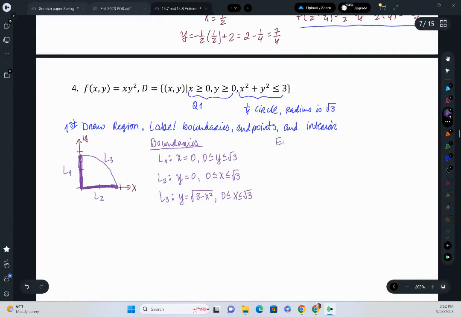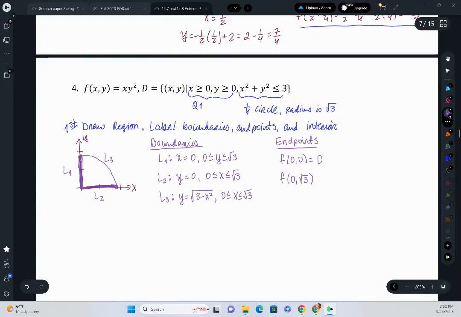Next, I have my endpoints. It looks like I've got the origin, so I need to look at f of 0, 0. If I plug 0 and 0 into xy squared, I just get 0. Then I need f of 0 with the square root of 3.